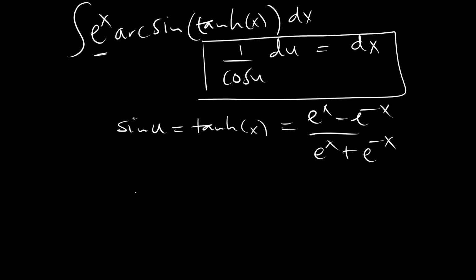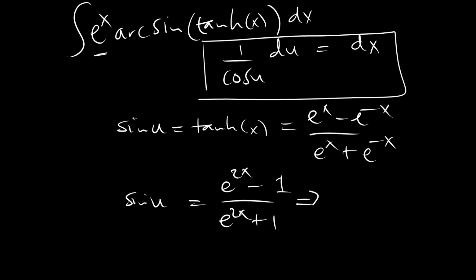And so sine of u is equal to... multiply both numerator and denominator by e to the x. We have (e to the 2x minus 1) over (e to the 2x plus 1), which means that sine u times e to the 2x plus sine of u is equal to e to the 2x minus 1.